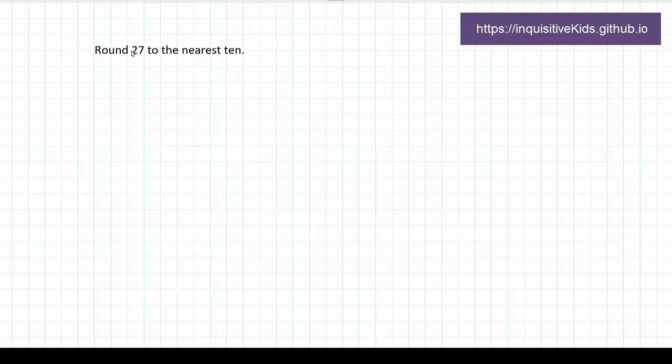As you can see, we're rounding 27 and the problem wants us to round to the nearest 10. The next step is to think about which landmark numbers, in our case multiples of 10, 27 is in between. 27 is in between 20 and 30.